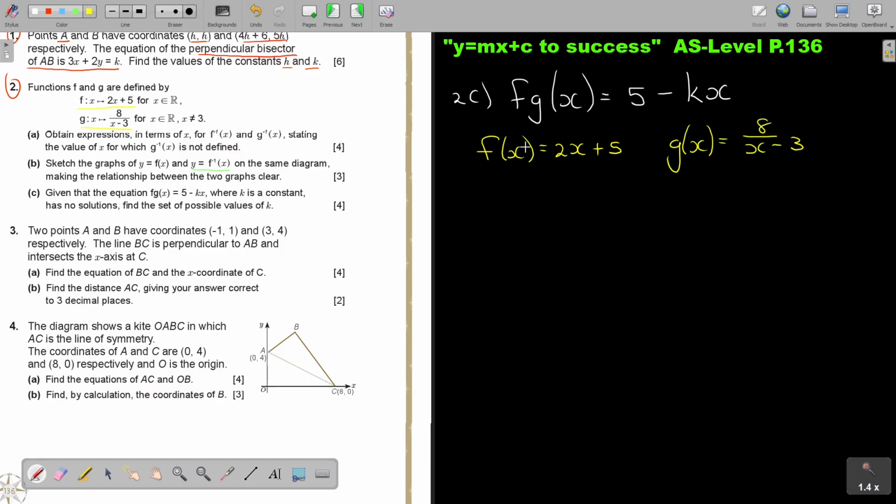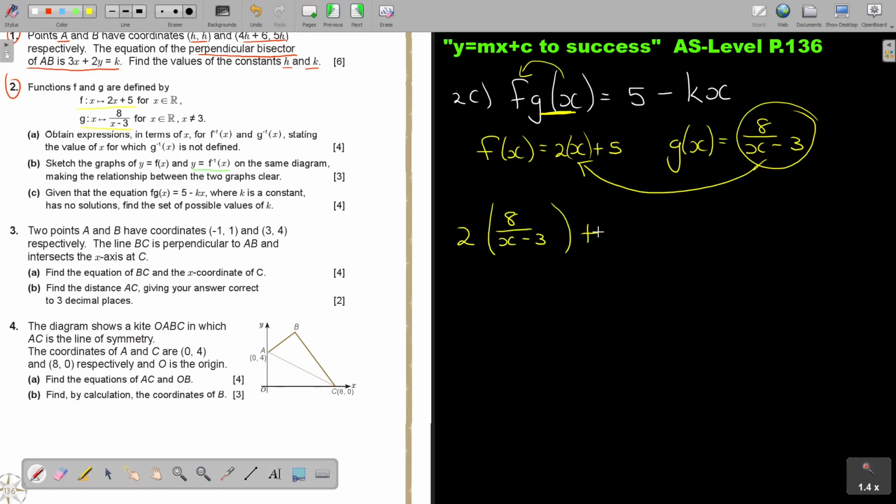Now, if I want to find fg, I take g and substitute it in f in the place of x. So I'm going to have 2 times 8 over x minus 3, plus 5, and that is going to be equal to 5 minus kx.